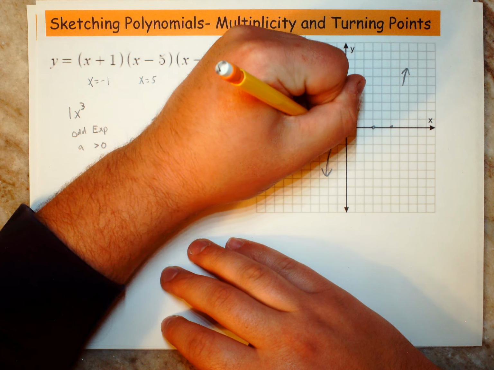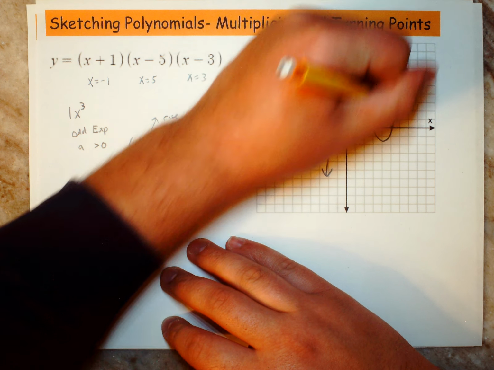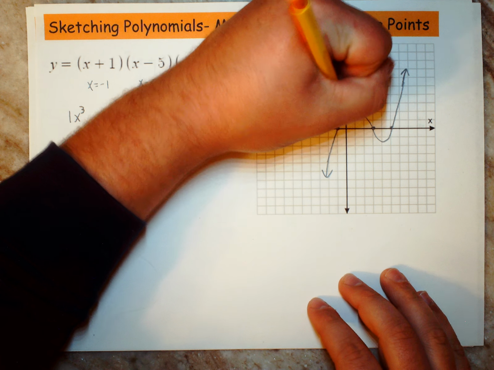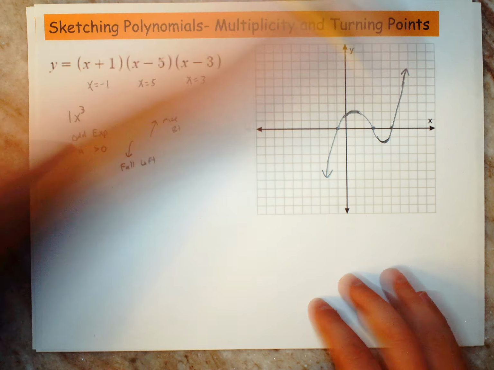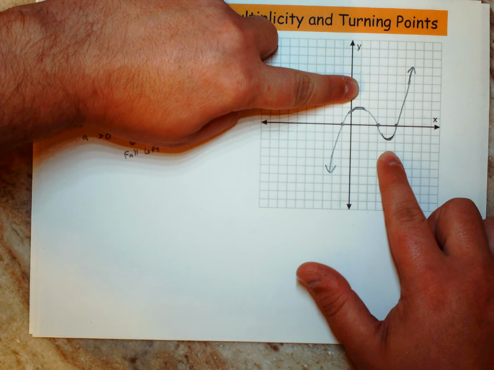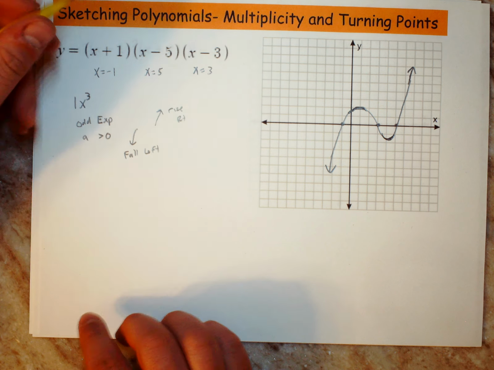Now, if you notice, this is a rough sketch of the function. If you notice, there are, I'm going to bold them in, 1, 2 turning points. I'm going to point with my fingers. These are the 2 turning points. How do we know how many turning points?